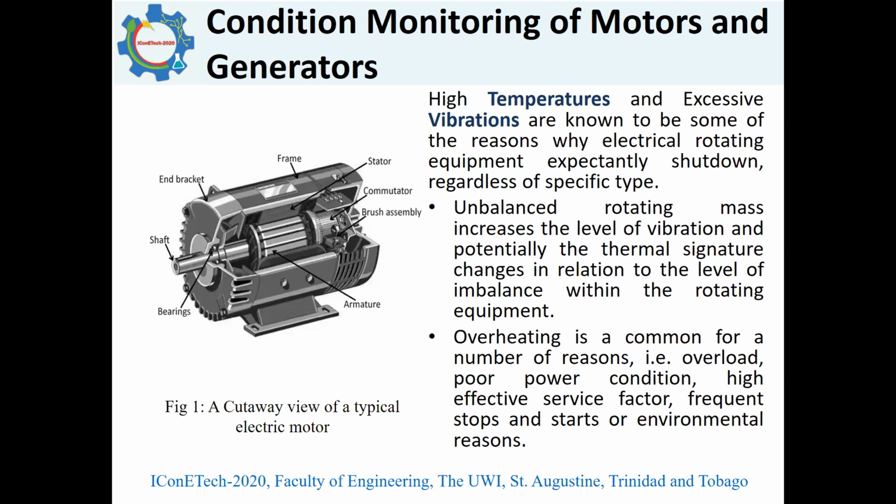Overheating is a main and common reason, and some of the causes are overload, poor power conditions, high effective service factors, using it constantly without shutting down, frequent starts and stops, and of course environmental factors. We live in the tropics, we already have a heated environment, so this equipment is going to generate its own amount of heat, added with that heated environment, it's not a good mixture.